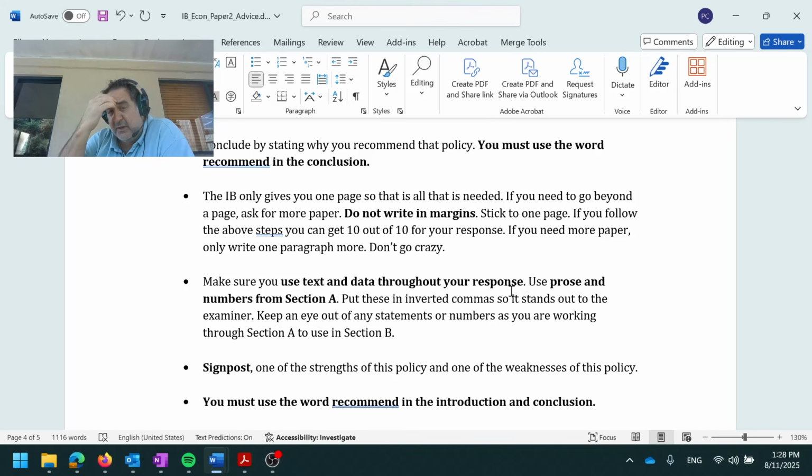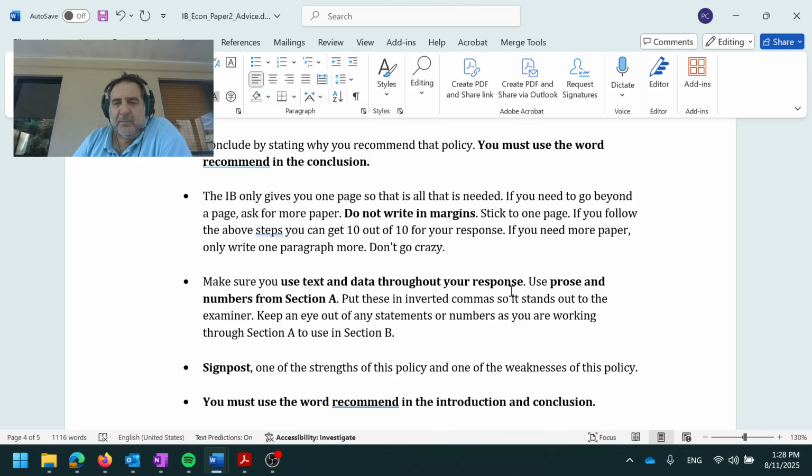So if you do need to go beyond one page because you've got big handwriting or whatever, ask for more paper. But even on that second page, I wouldn't go too much beyond, maybe a paragraph more. There really is no need. I have looked at many EURs over the last few years, and there have been students getting 10 out of 10 for just simply writing one page.